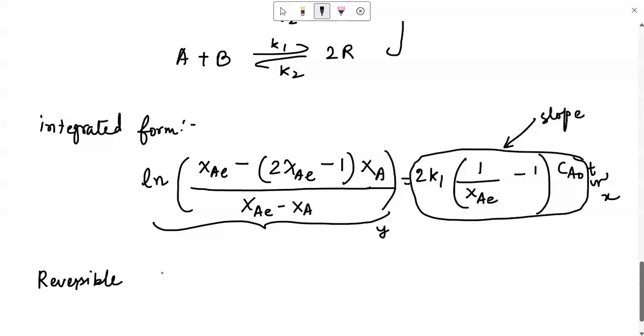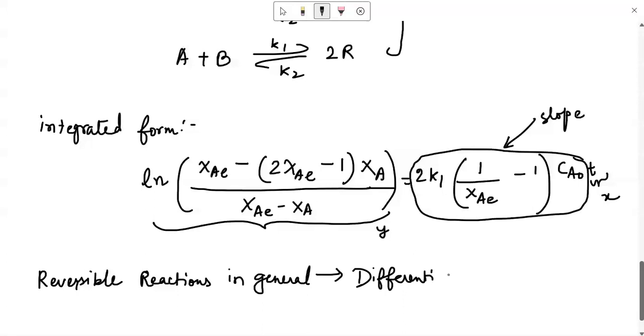So to address reversible reactions in general, we use the differential analysis method.